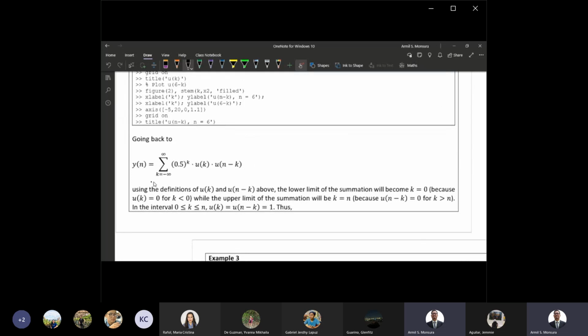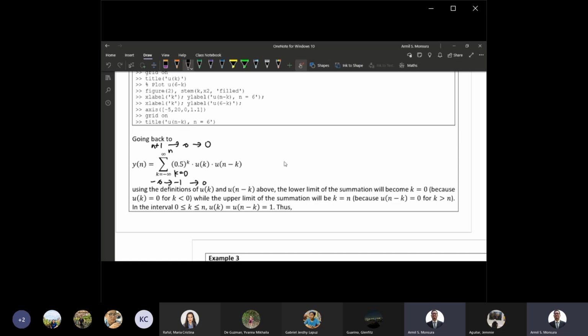So, since from negative infinity hanggang negative 1, 0 siya, at from n plus 1 up to positive infinity, 0 din tong product sequence niyo, it would now be obvious na itong limits natin ito, magkakaroon na siya ng value pala. Hindi magiging 0 yung product sequence niya kapag yung k niyo equals 0, simula 0 hanggang n.